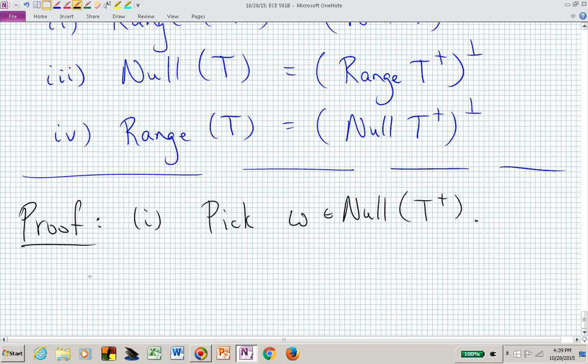What does that mean about T dagger and W? If I operated on that W with T dagger, what would I end up with? If W is selected to be in the null space of T dagger, what's T dagger W? That's the 0 vector.